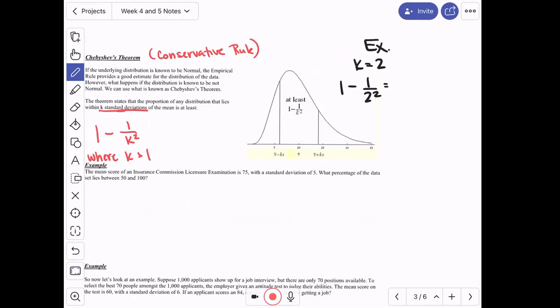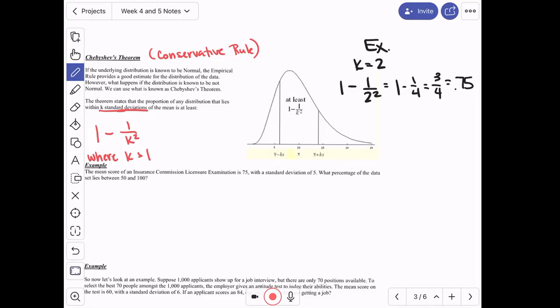And so 1 minus 1 over 2 squared is 1 minus 1/4, which is 3/4 or 0.75. So 75% of the values fall within 2 standard deviations of the mean. That's what this is saying.